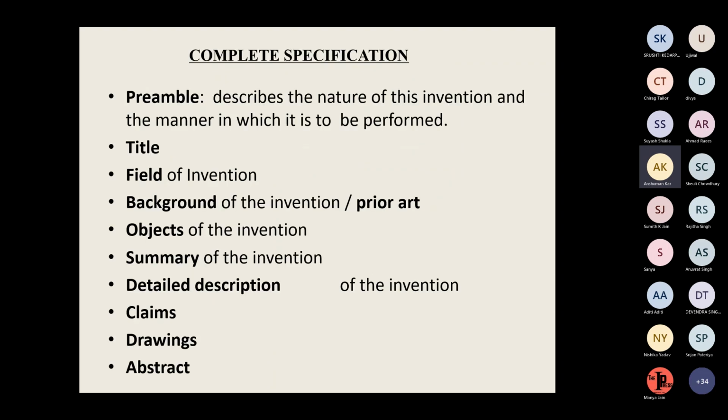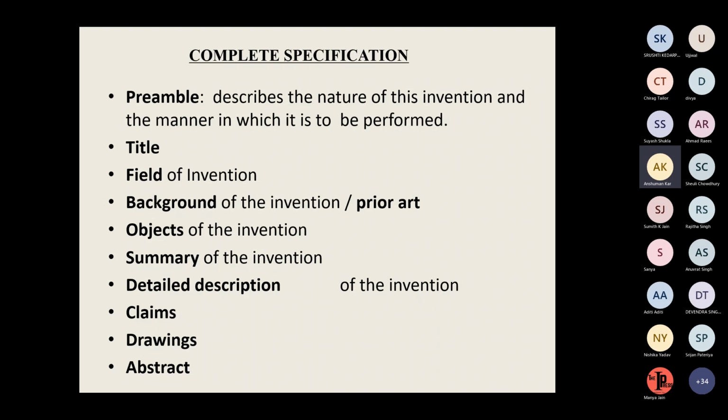Complete specification. These are all the titles you need to fill up in the complete specification. The preamble describes the nature of the invention and the manner in which it is to be performed. So there should be a title of the invention and the field of the invention. Write down the title, write down the field, and the background. Background means the prior arts which are available.